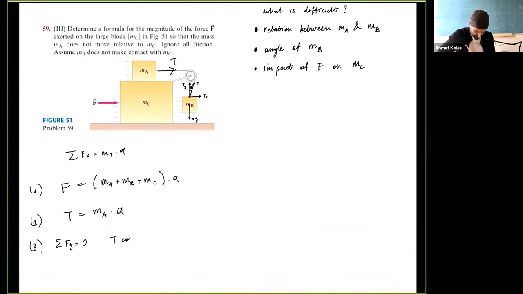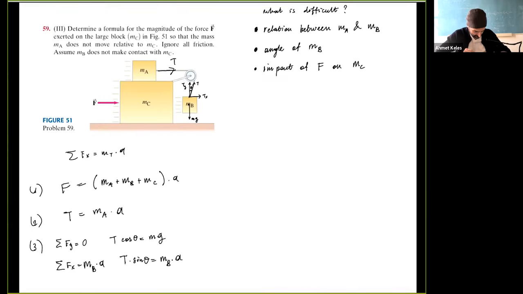T times cosine theta is equal to mg. Now I write the forces for the x direction. Should be 0. No, not 0 here because it's moving with the same acceleration, so it is mb times a. Then what is Tx? T times sine theta is equal to mb times a.